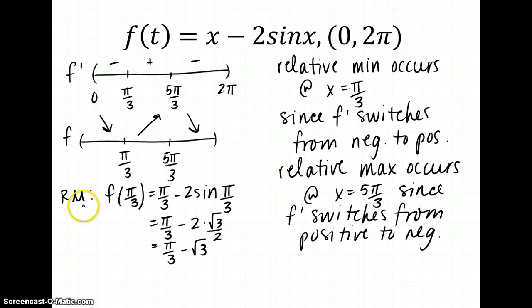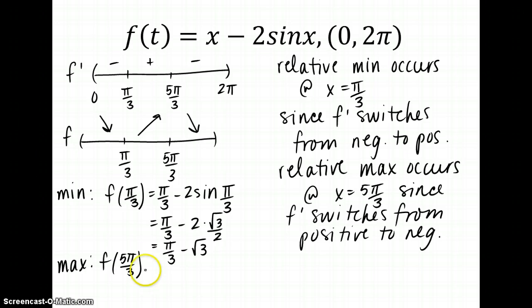I guess RM doesn't help at all. And then our max, when we plug 5 pi over 3 into the function, 5 pi over 3 is in the fourth quadrant, so the sign is negative there.